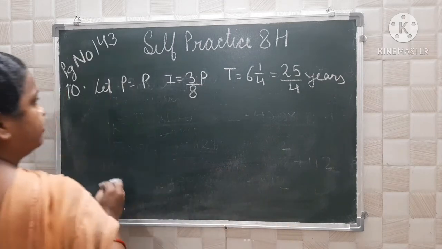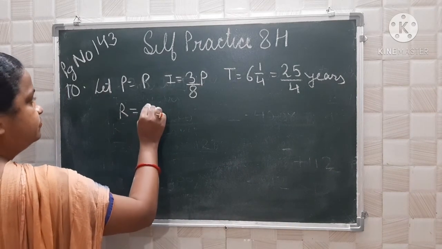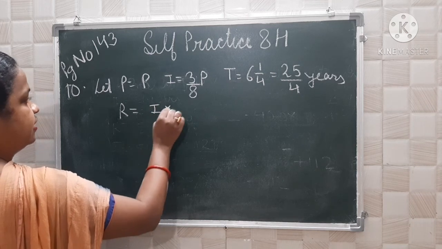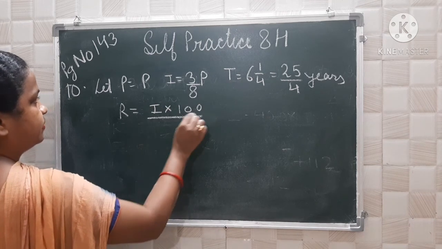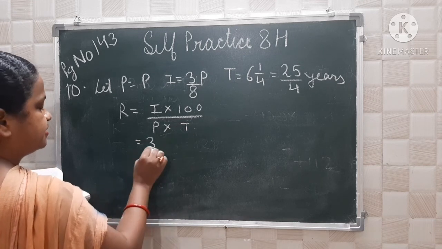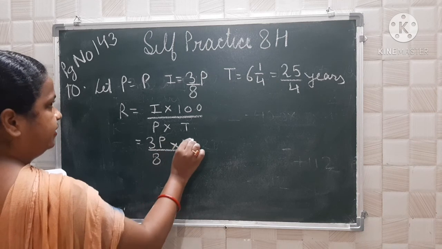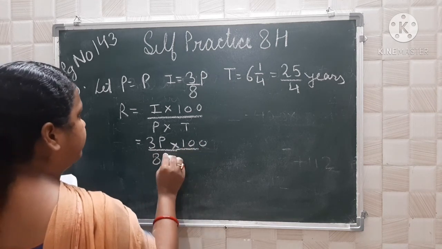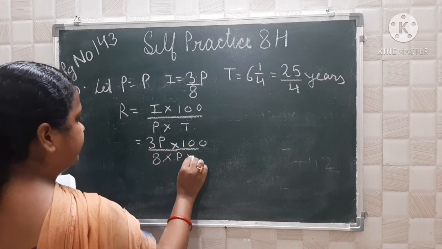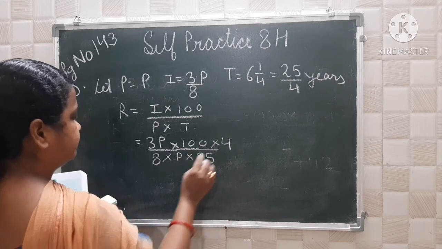So what will be your R? R will be I into 100 upon P into T. I is 3P by 8 into 100 and P is P only and time is 25 by 4, so 4 will be going outside.